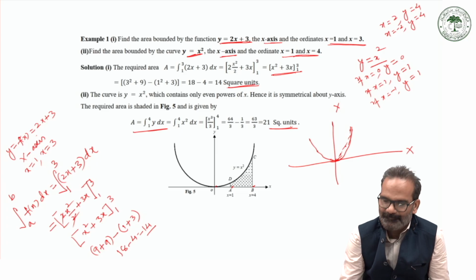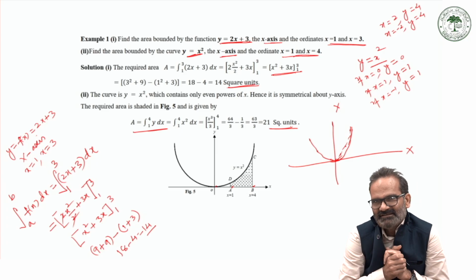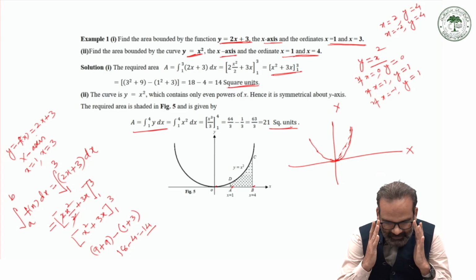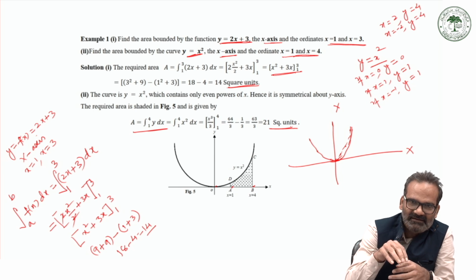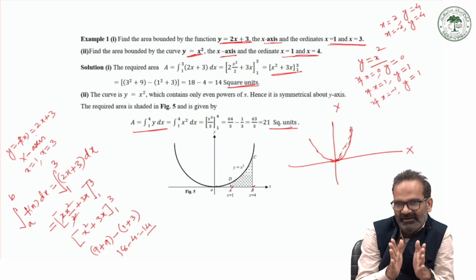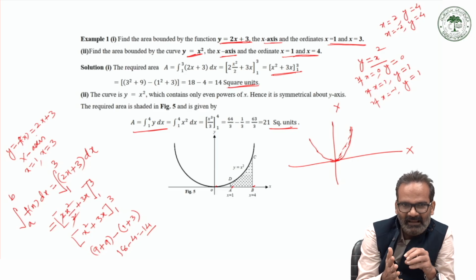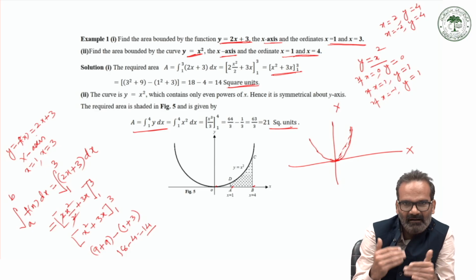So see, what we observe in these two examples, if you look carefully, is that all the three components which are needed to find the area of any figure are already given. The curve is given, the x-axis is already there, and the ordinates are also given.